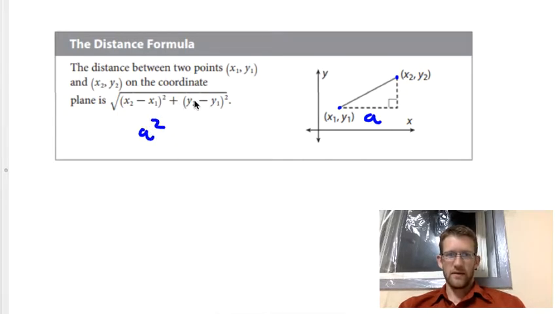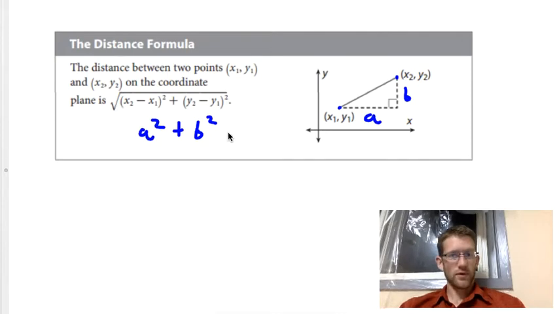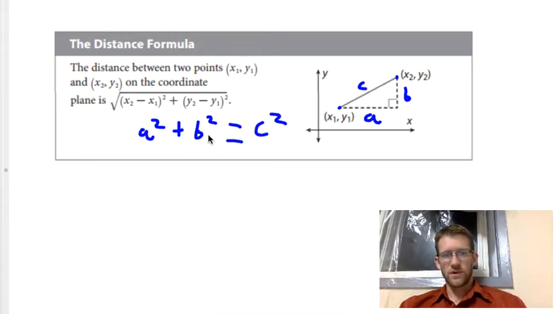We're going to add the distance between the y's, so that's the distance there, plus b squared, and then we square root the whole thing in order to get what? In order to get c, right? So c squared is equal to a squared plus b squared.